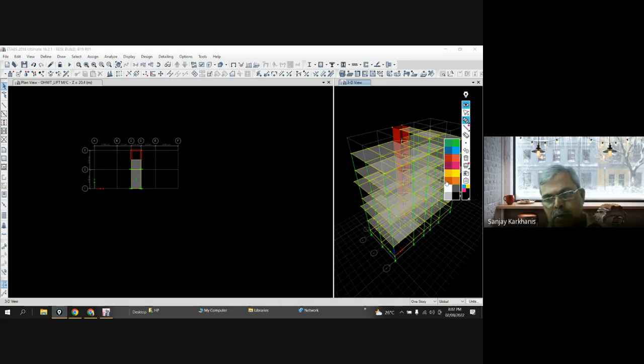Let's say this was your 1B. Similarly, you will find all this, but I don't want a complicated figure like this, because I just want to share the concept.